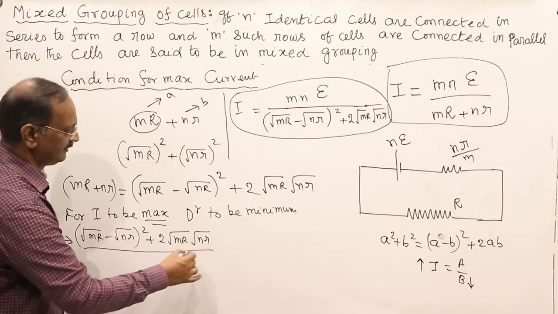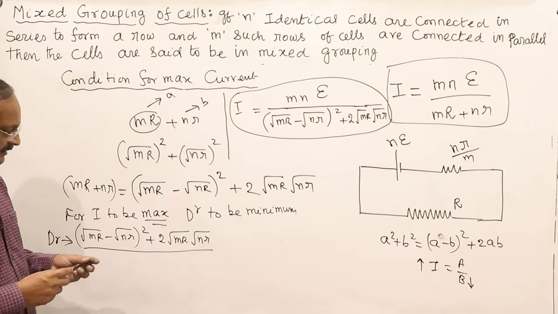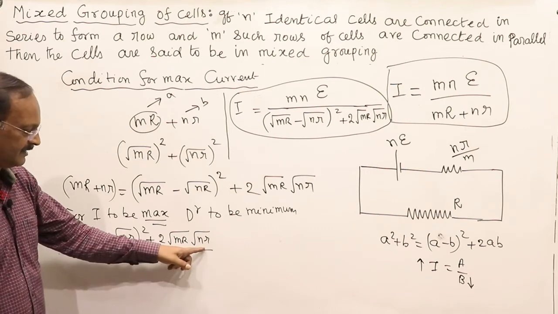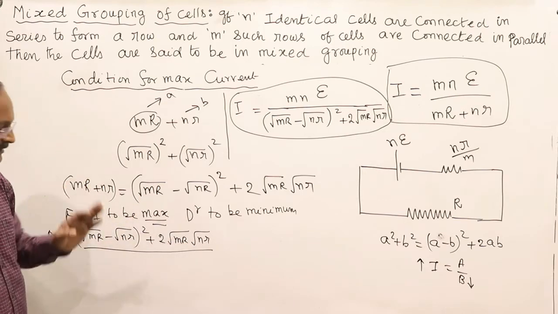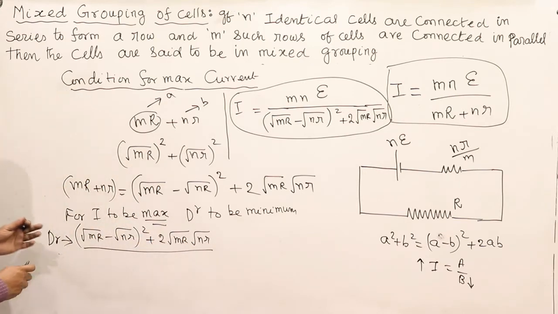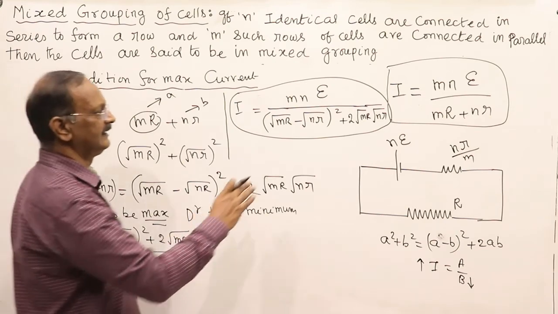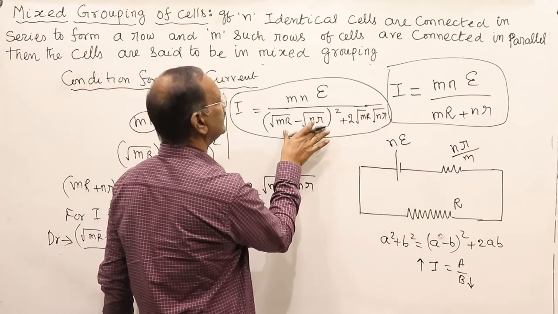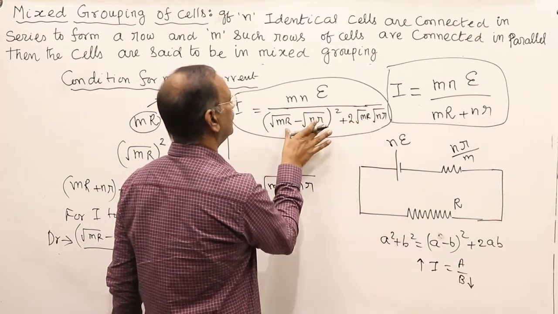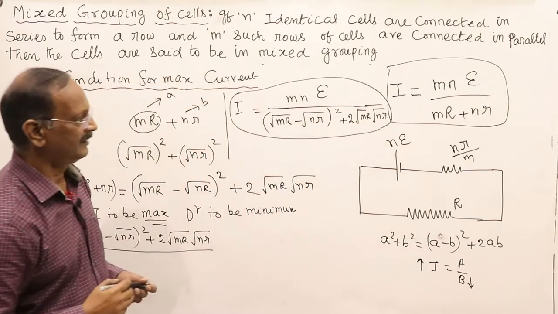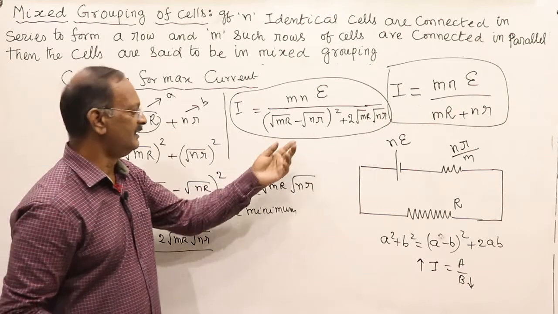The second term cannot be reduced, because the number of rows and columns is fixed, r is fixed, and the internal resistance is fixed. So it is a fixed value, but the first term can be minimum or maximum. What is its minimum value?